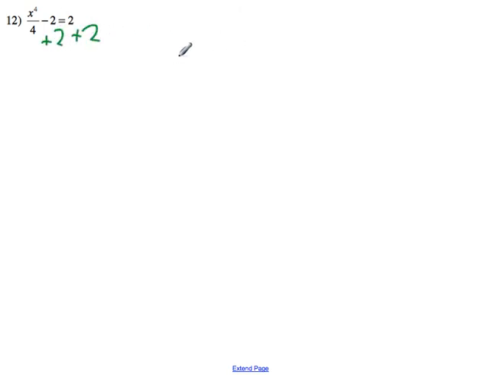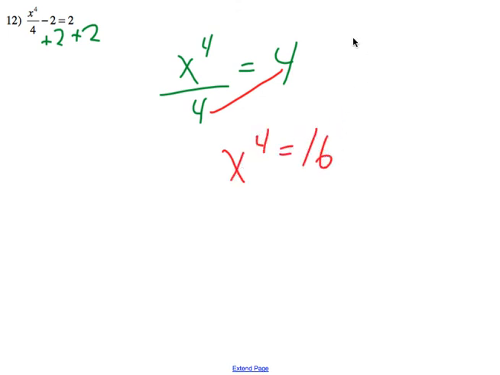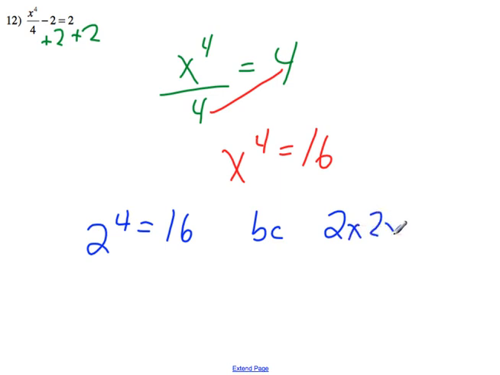Plus 2 plus 2. So you get x to the 4 over 4 equals 4. Cross multiply. So you get x to the 4 equals 16. Now here, we know that 2 to the 4 equals 16, because 2 times 2 times 2 times 2 equals 16.